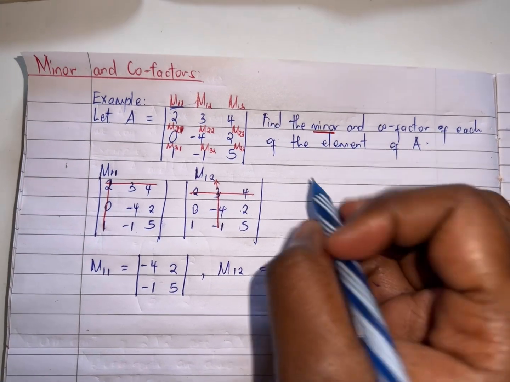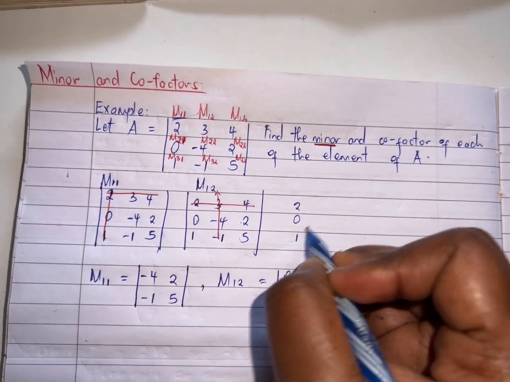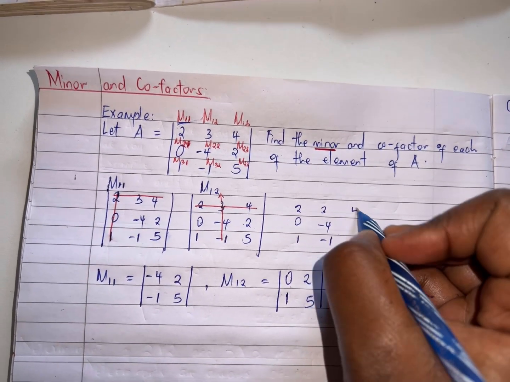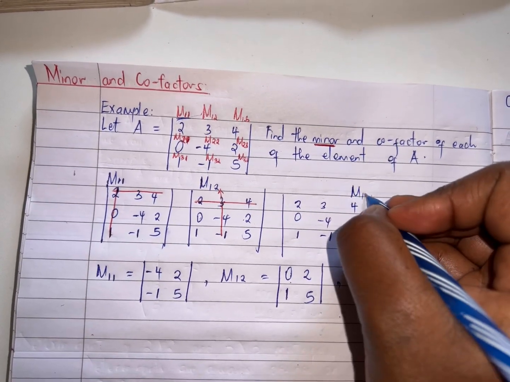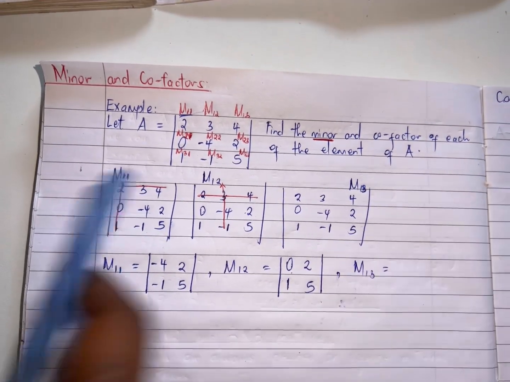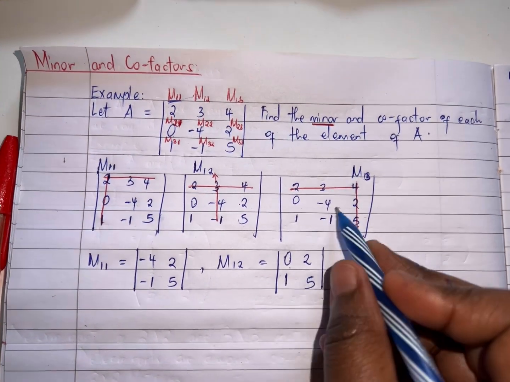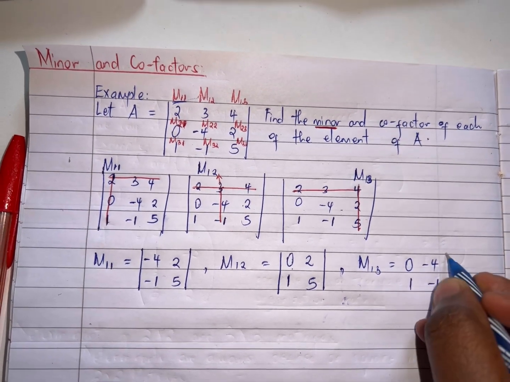M13. Because we're told to find all the minors, we're going to find the minors of everything. We'll write again: 4, 2, 5. We cancel each and every row and column where M13 is. So we're having 0, negative 4, 1, negative 1.